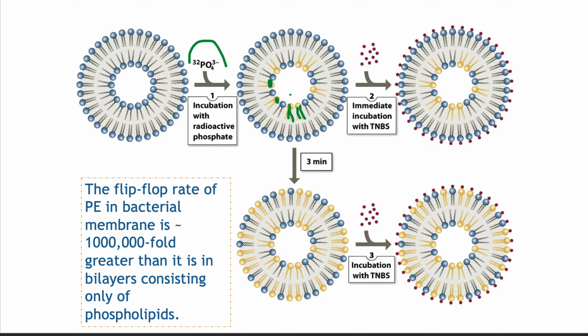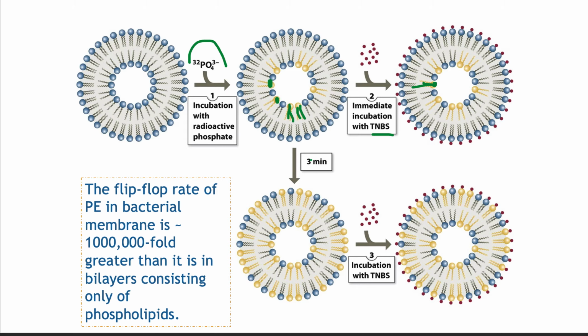And then if we immediately incubate it with the TNBS, it's going to combine with PE, or the phospholipids, but none of the TNBS-labeled phospholipids were radioactively labeled as well. So none of the ones that were radioactively labeled associated with TNBS.